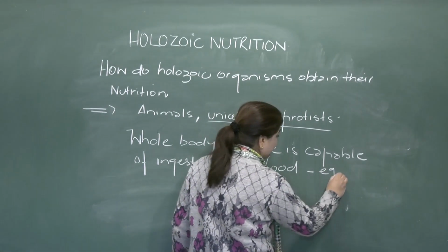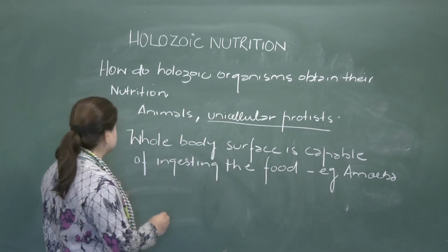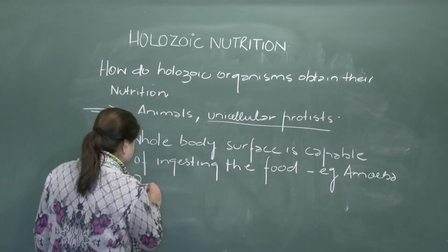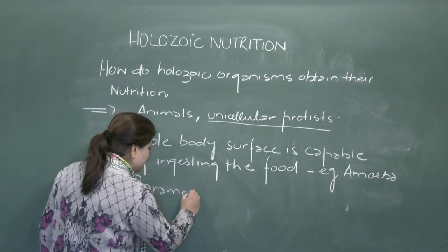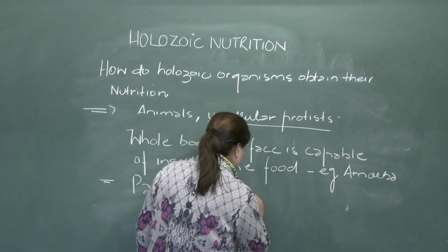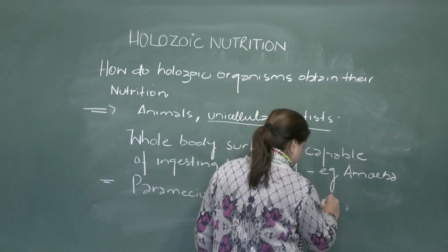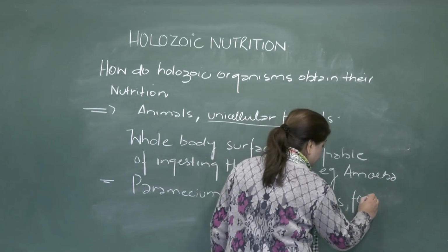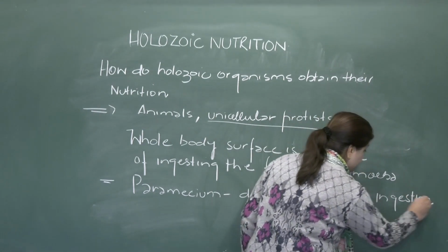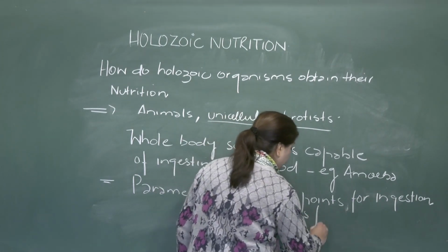An example is amoeba. Or in certain unicellular organisms, like paramecium, there are definite points for ingestion as well as for egestion.